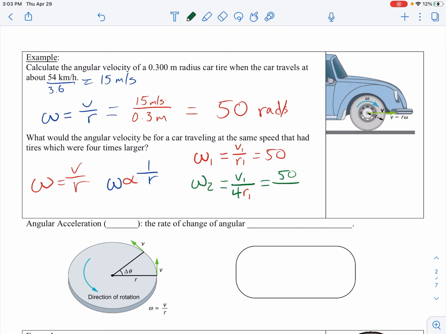So remember our proportions. It's going to be divided by 4. We end up with 12.5 rads per second.